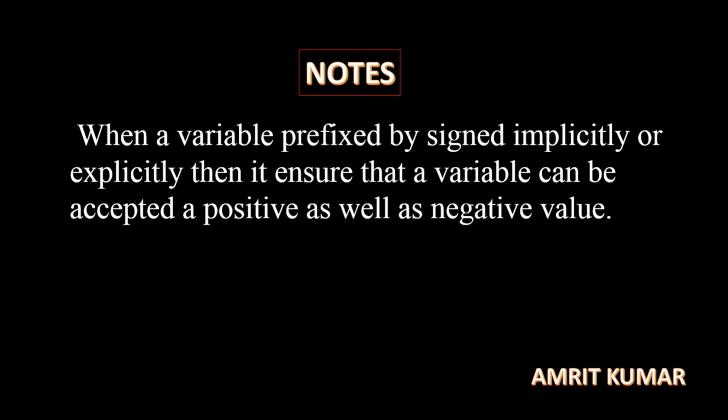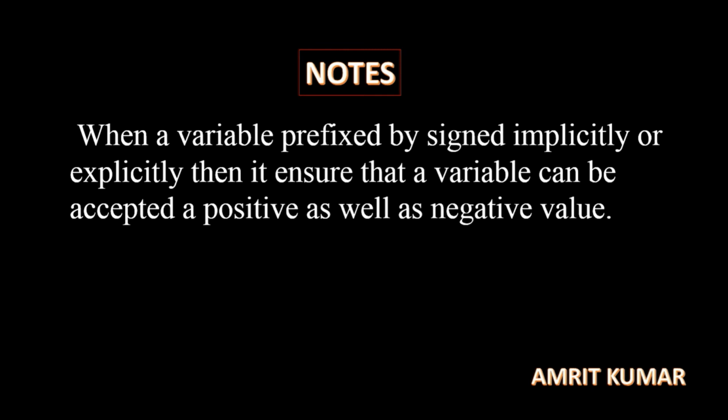So this is the signed modifier that we have talked about, and we have learned two properties of it. When no modifier is placed with a variable, signed comes into existence by default in the place of that modifier, because the C compiler assigns that modifier by default.